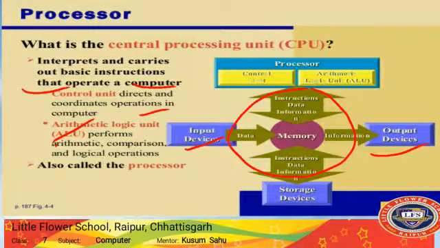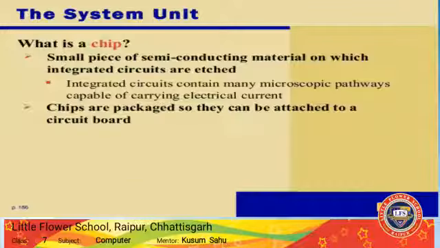Now come to the next, that is chips. What are the chips present in the system unit? A chip is a small piece of semiconducting material on which integrated circuits are attached. Meaning it is a small storage device on which we can store anything.